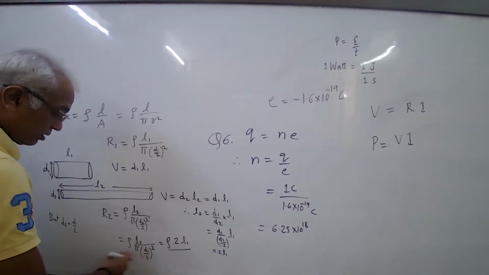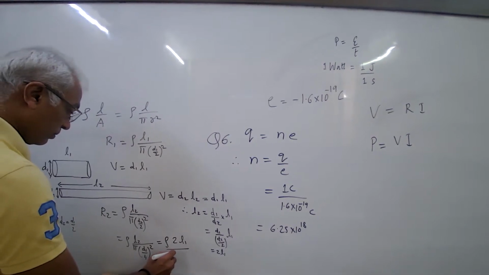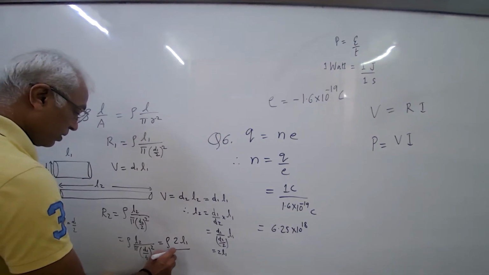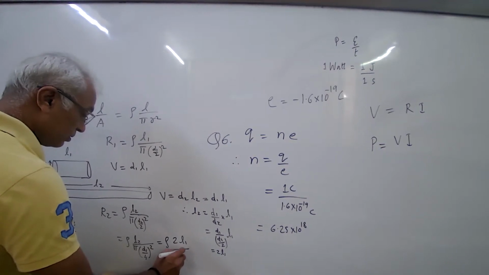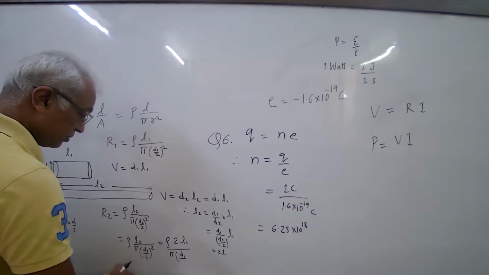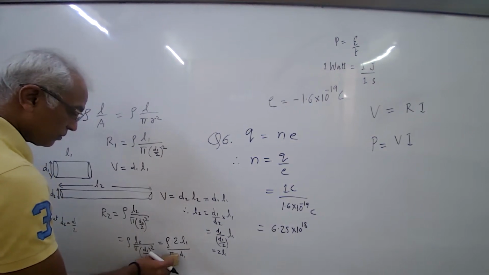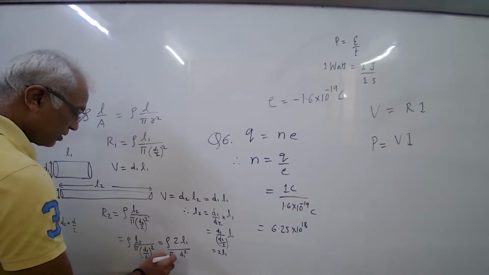Now you take 2 out of this. This is an awesome question. So this becomes D1 square, and this will be 16.